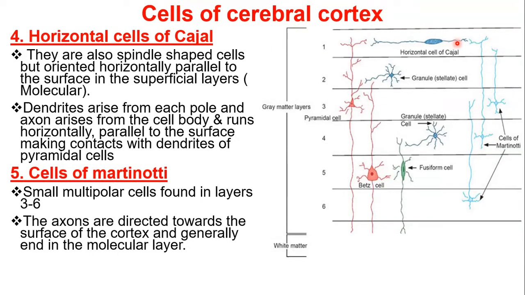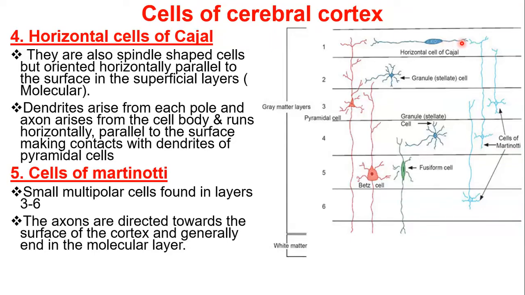So their axon arises from the cell body and runs horizontally parallel to the surface, making contact with the dendrites of the pyramidal cell. This is the pyramidal cell. So this is the axon which makes contact with the pyramidal cell, and these are the dendrites.